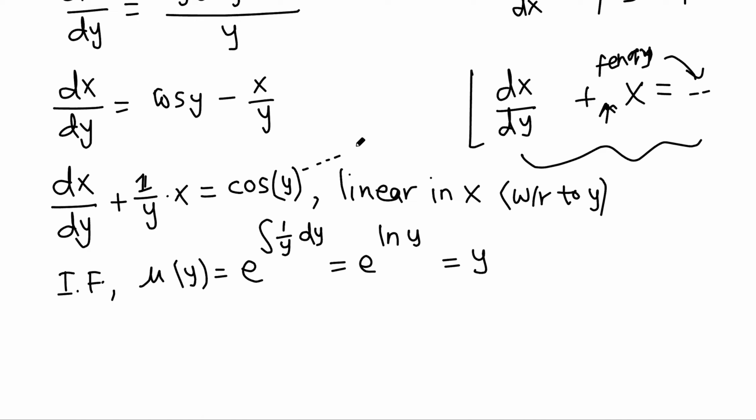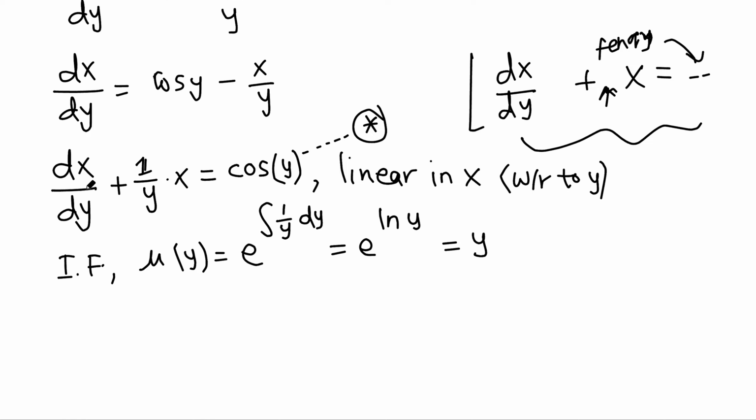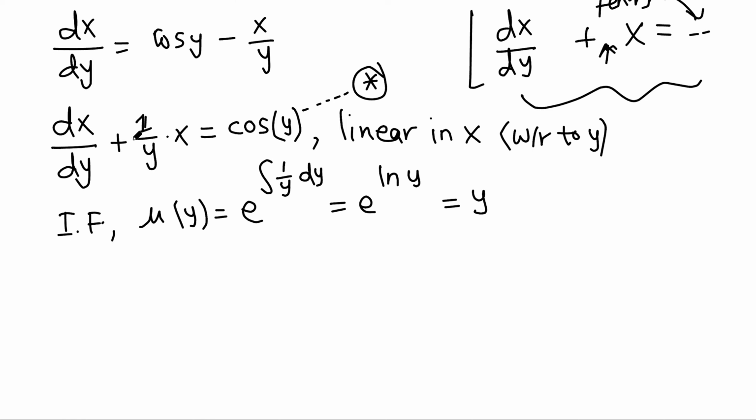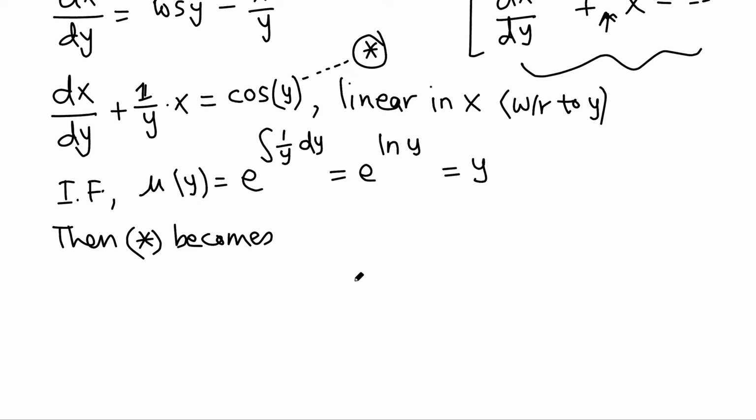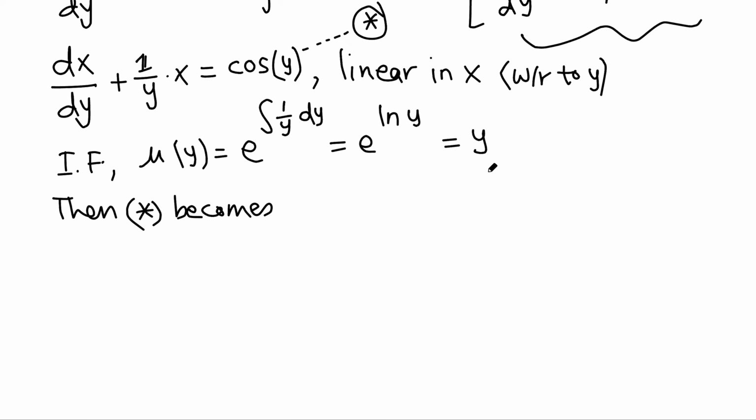Now we multiply this linear equation, okay, I'm just writing star to mention this equation. We multiply both sides of this equation by y. I'm just going through the standard procedure. After we find the integrating factor, we multiply both sides of this equation by this integrating factor.